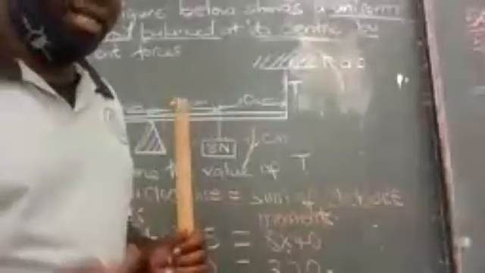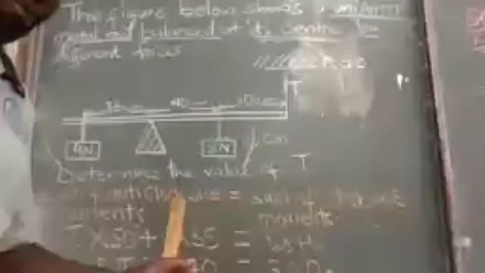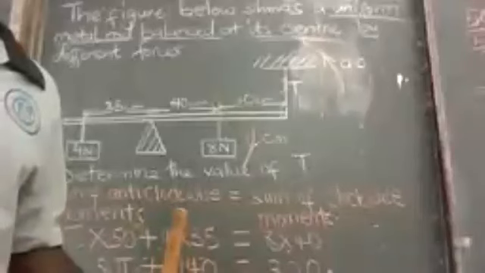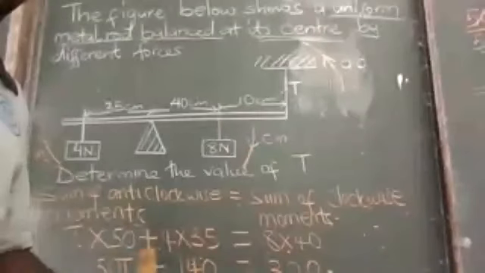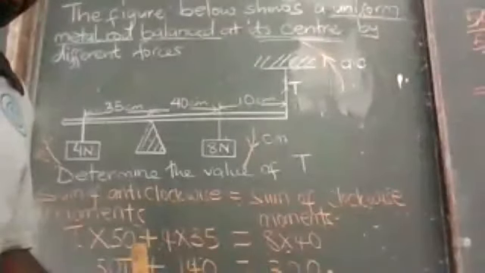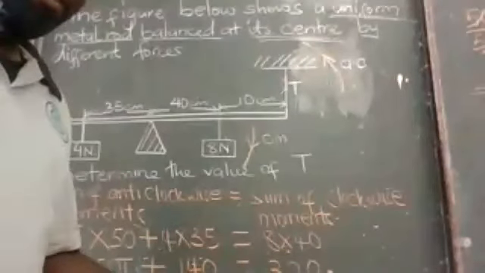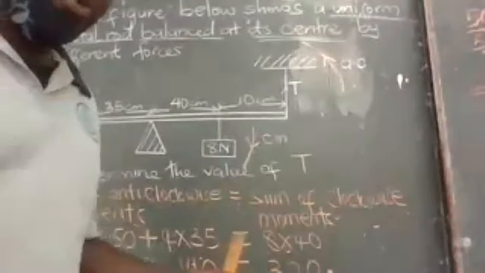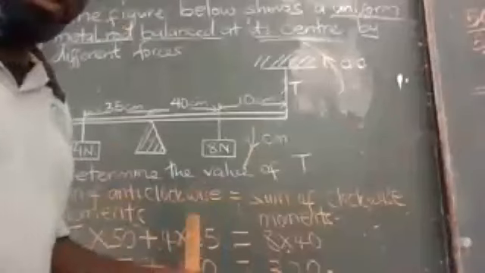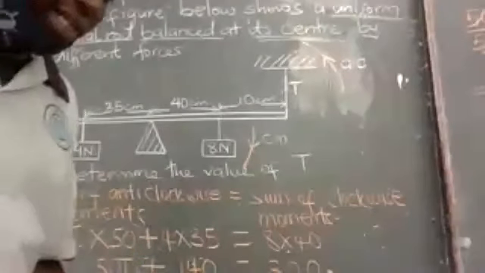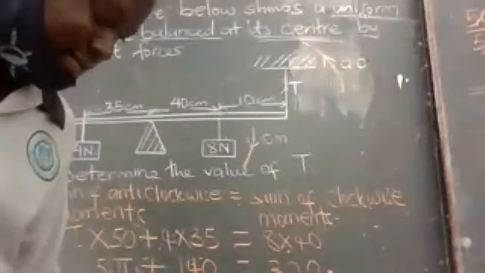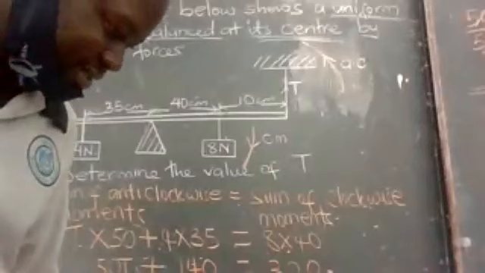From S1 forces, can someone remind us? Every time you sit on a surface, your weight acts downwards, but there is an equal but opposite something that acts in the opposite direction. Reaction force.